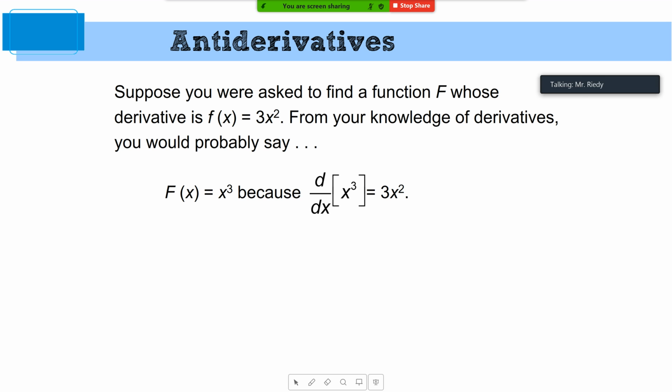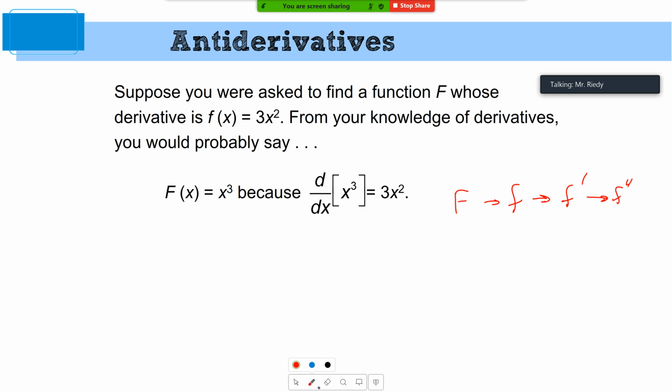Okay. Now, notice I've introduced some new terminology here. I'm calling this function that we just solved for capital F. So now we've got capital F, lowercase f, f prime, f double prime. So we're going to play with 4 different functions here, and we're going to go back and forth with all of those functions. Okay, now what do I mean by back and forth? Well, we have uppercase F, lowercase f, f prime, and f double prime.